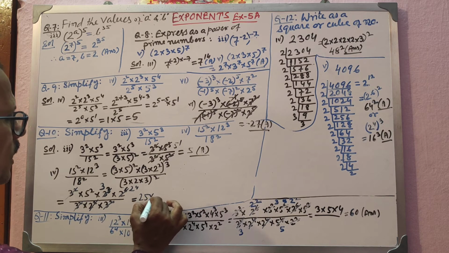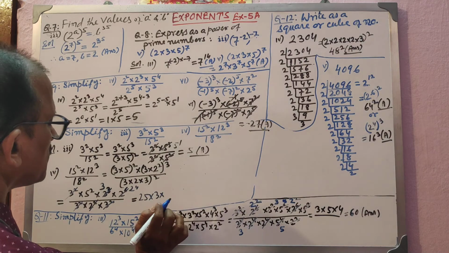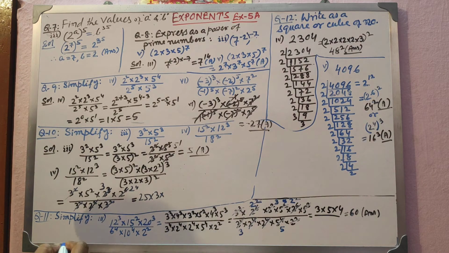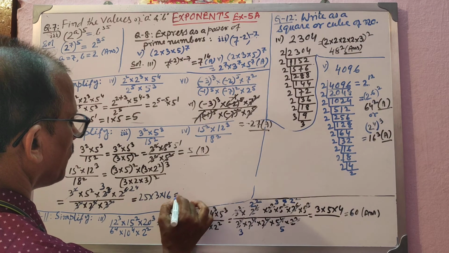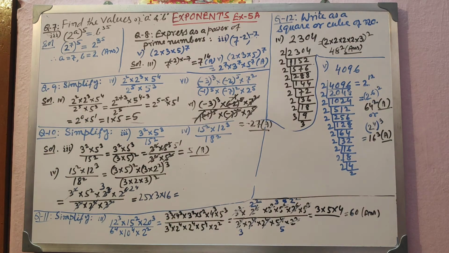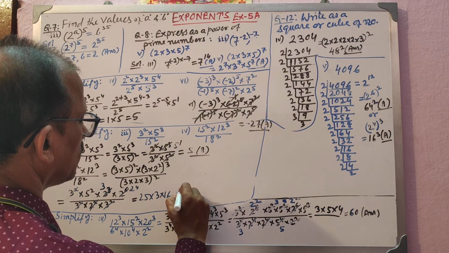Denominator is nothing, means 1. 1 into 3 into 2 to the power 4, 4 fours are 16. If you multiply this, it will become 1200, I think.